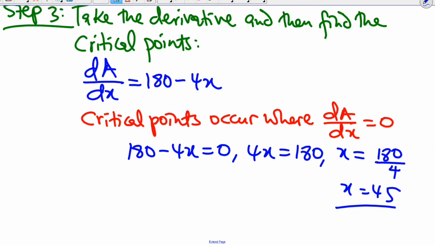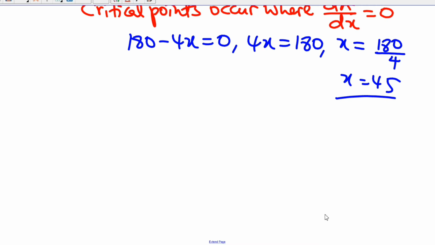So that's our critical point. Which means we need to justify that this critical point we've calculated represents a maximum. That will be our step 4.